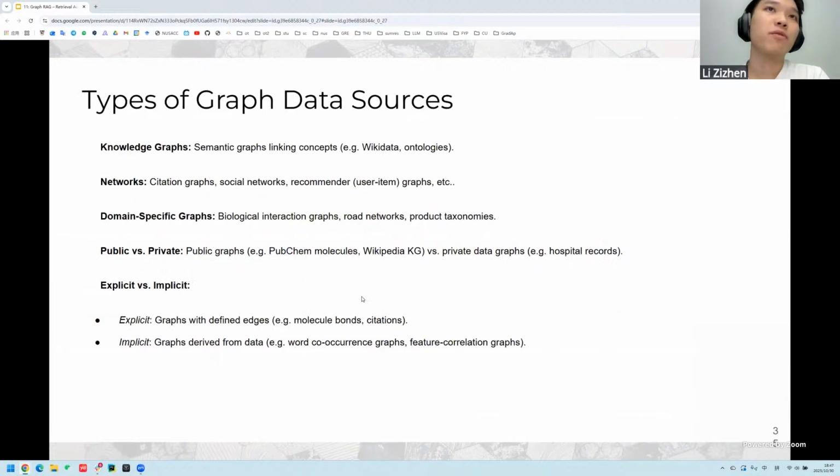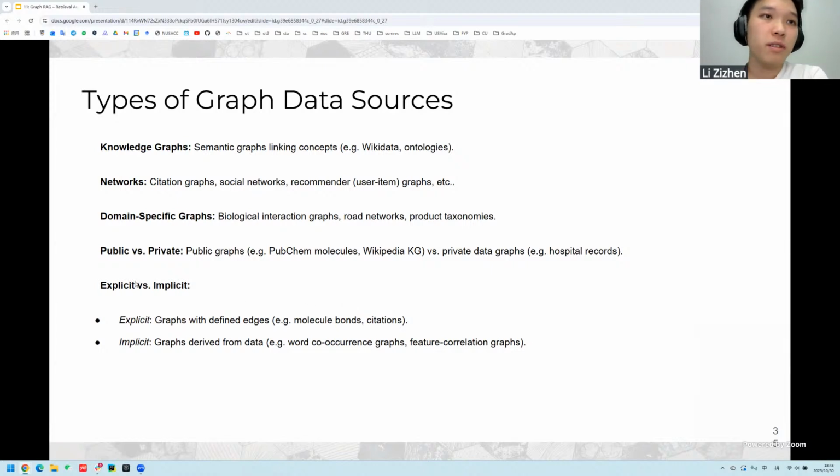And the types of graph data source include knowledge graphs, which are semantic networks that can connect several pieces of facts together, like Wikidata. There are also networks in real life, such as citation networks, social networks, and recommendation graphs. There are also domain-specific graphs like biological interaction graphs, roadmaps, and something like that.